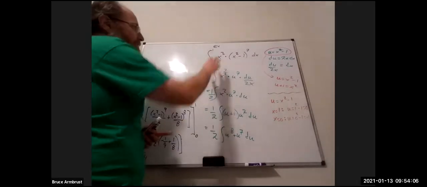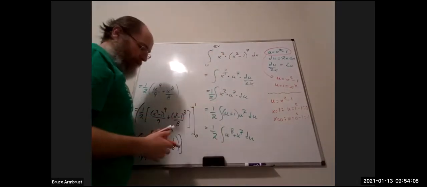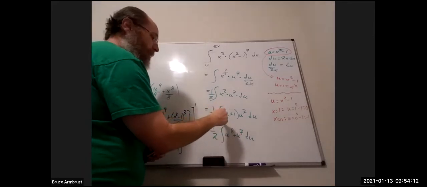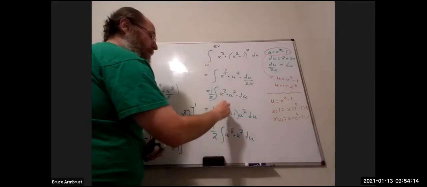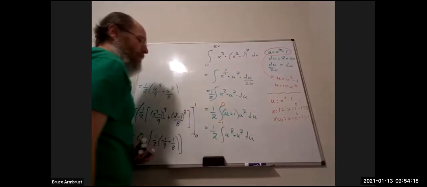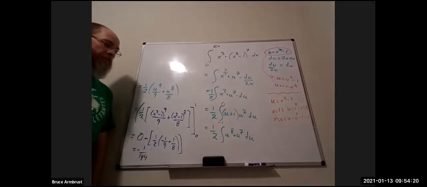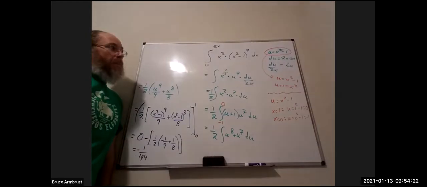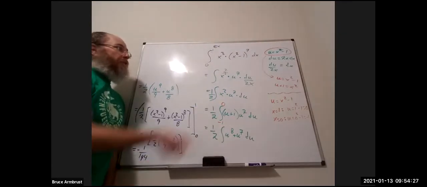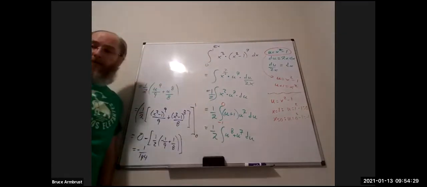So when I change this from x's to u's, I actually can change my bounds to the u values, which in this case would be 0 on top and minus 1 on the bottom, because negative 1 and 0 are the values for u when x is 0 and x is 1.